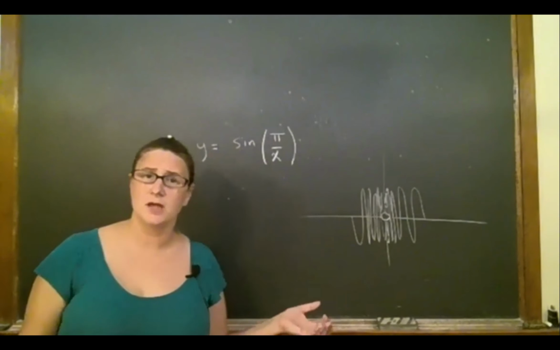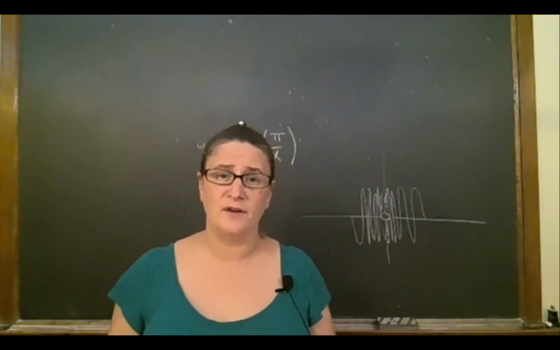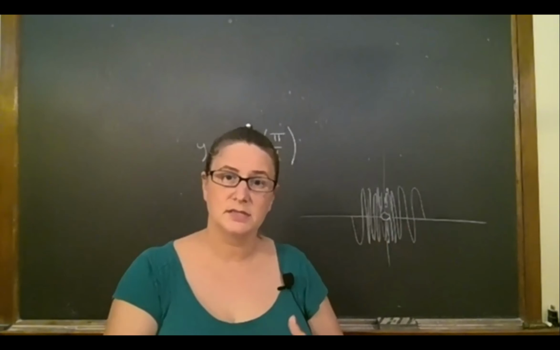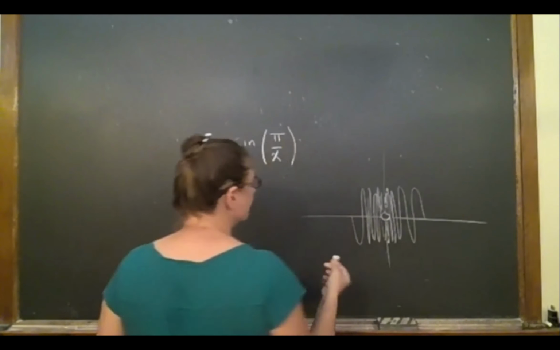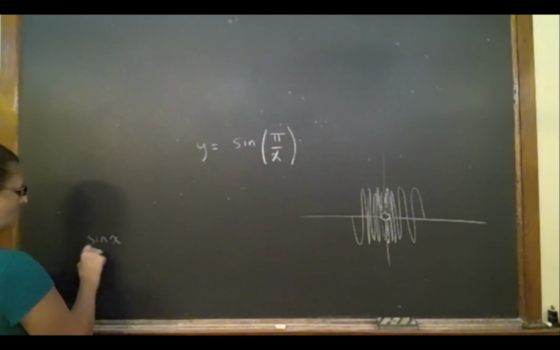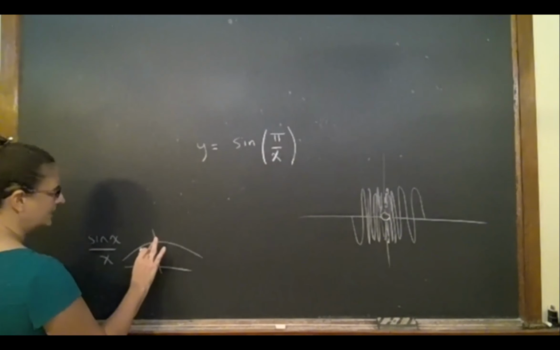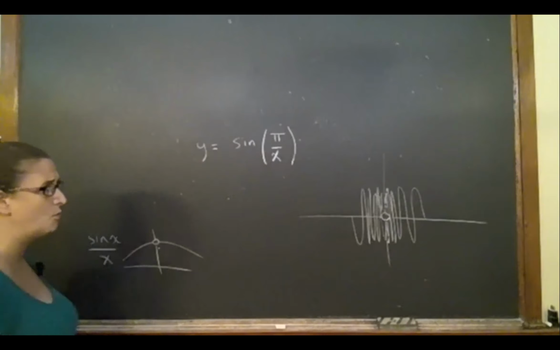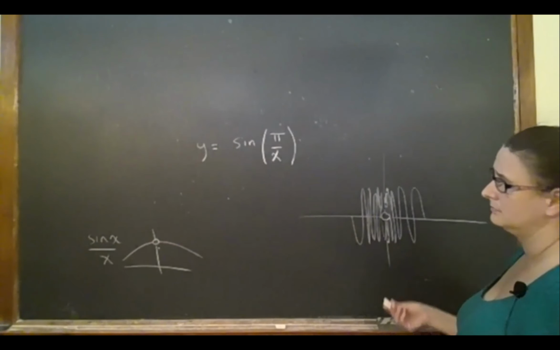But not only is it not defined, the limit's not defined, because there's nothing I can define in there to make it go to a specific value. Unlike my other function, sine x over x, where both sides were clearly going to 1. On this one, they're going everywhere.